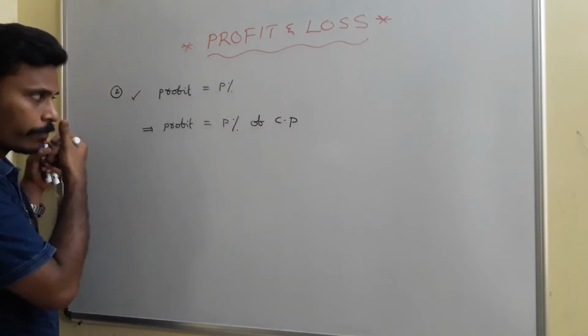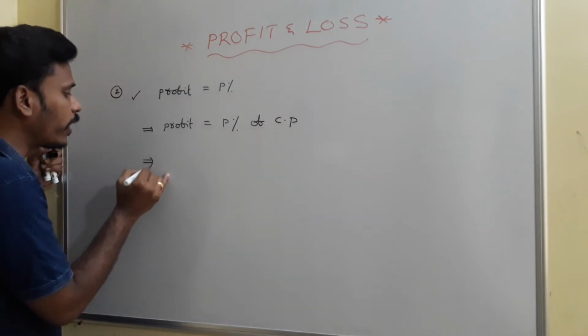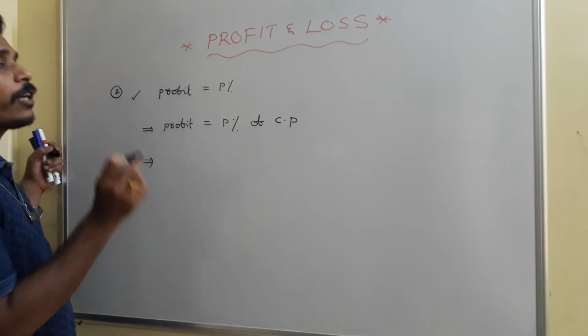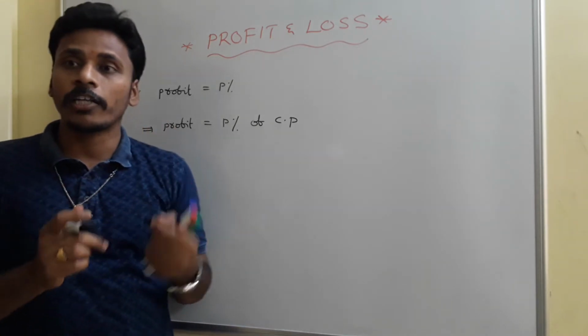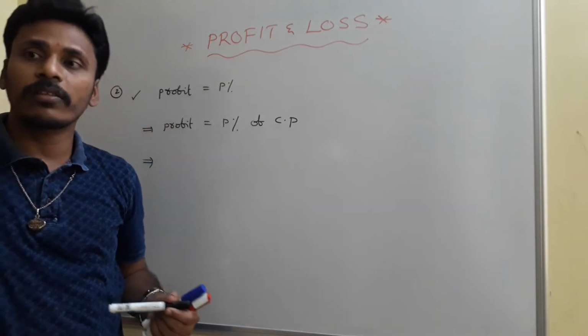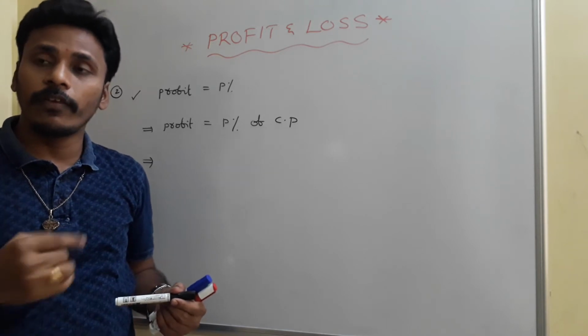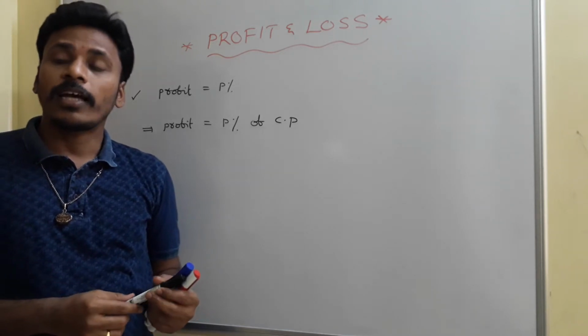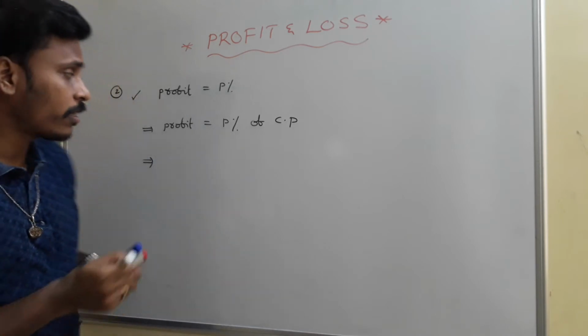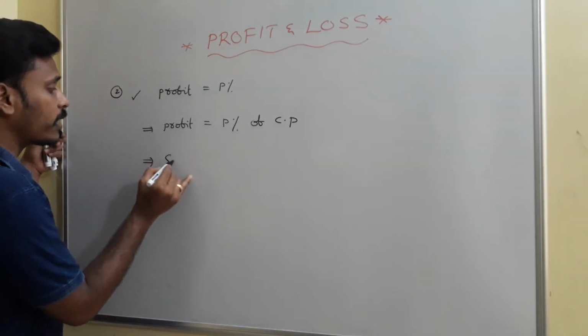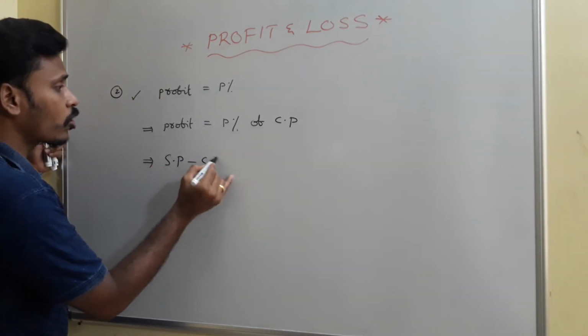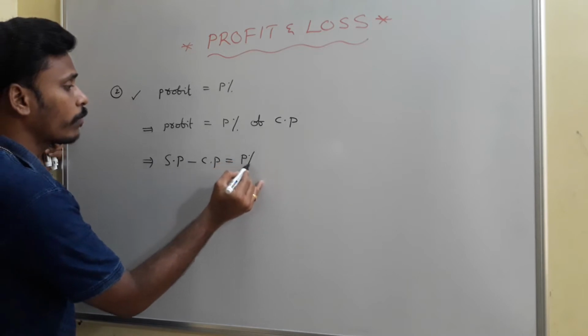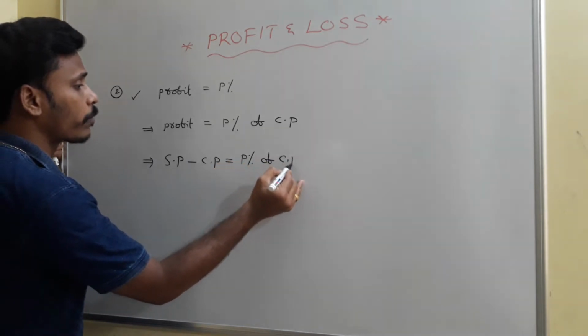That's the idea. And we know that we will get profit if the selling price is more than the cost price. So this profit can be written as selling price minus cost price is equal to P% of cost price.